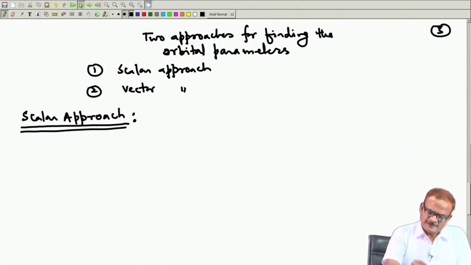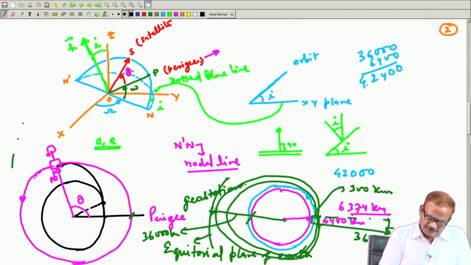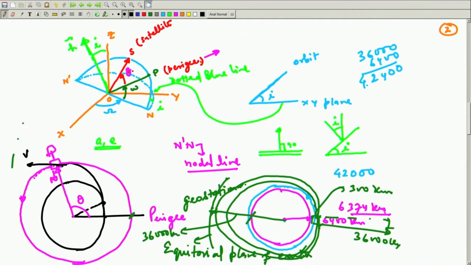As we were discussing here, once the satellite is injected into the orbit, which is shown here by the black line, the velocity may be in this direction.